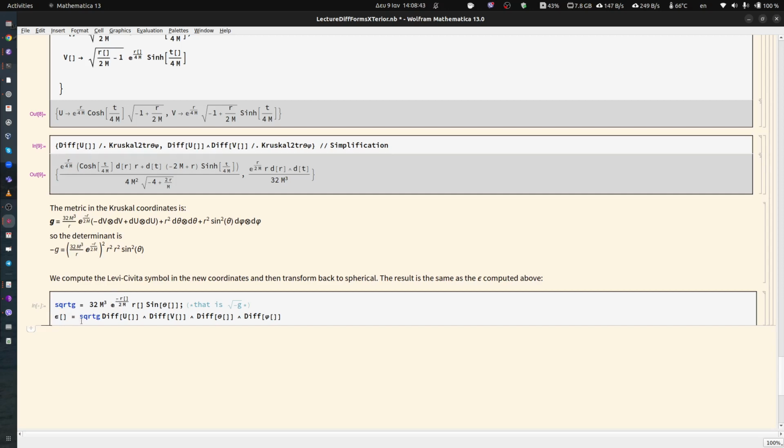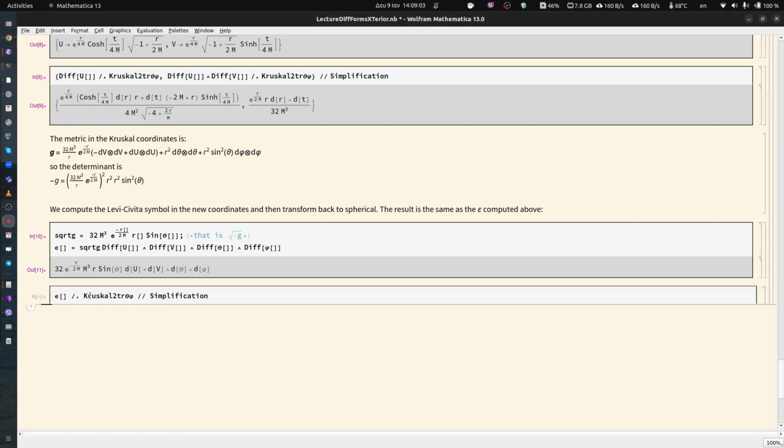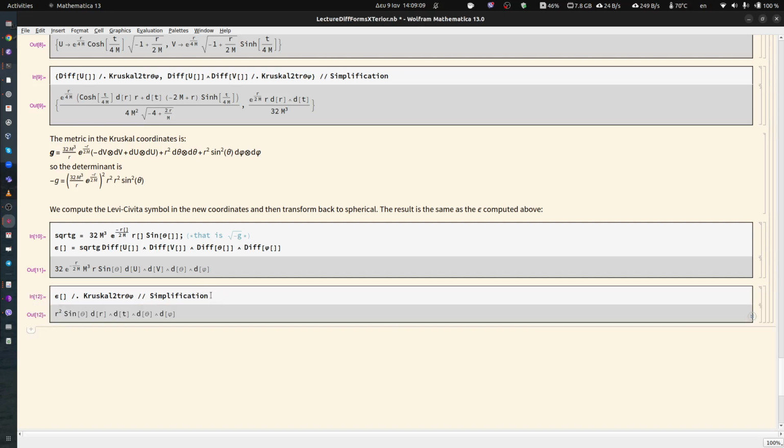And then we define epsilon to be given by the square root of g in these coordinates times du, dv, d theta, d phi. So this is the value of epsilon in the classical coordinates. Now, if we do a coordinate transformation from classical to t r theta phi, then we obtain back the expression that we had before.